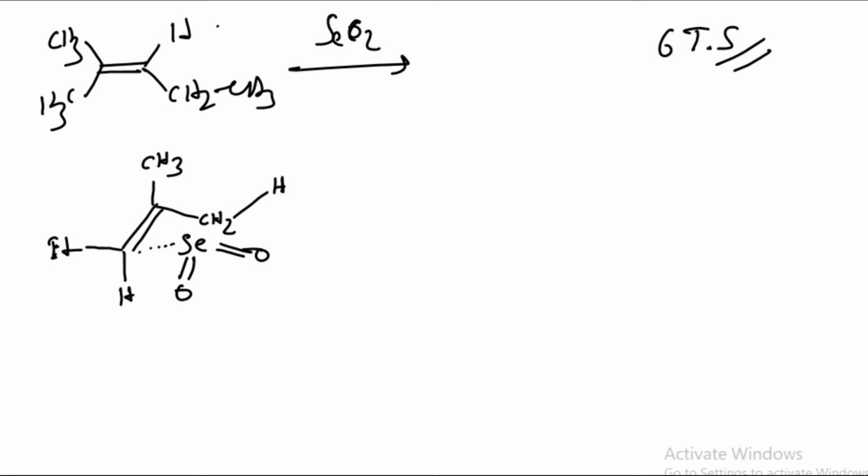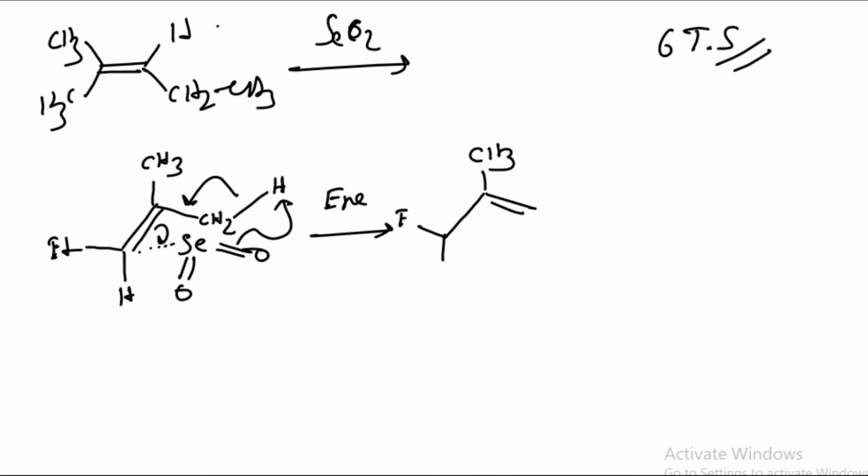So you know what happens. At first this bond attacks here, this goes here, and this comes here. So you know that this is a typical ene reaction. So let's first write it. The double bond comes here, ethyl is there, hydrogen is there, this is now the selenium OH bond, and this is now this.